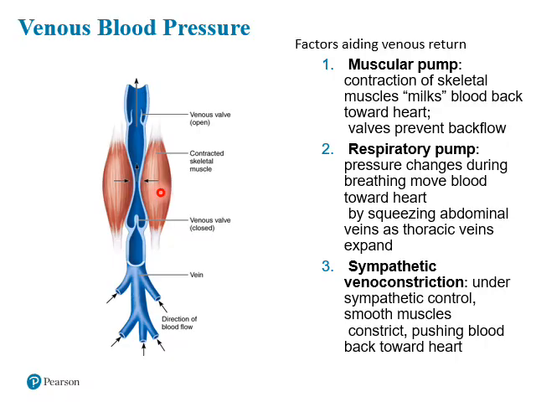It will move the blood back towards the heart by squeezing abdominal veins as thoracic veins expand. Then your sympathetic vasoconstriction, under sympathetic control, the smooth muscles will constrict, pushing the blood back towards the heart. So these are exactly the things that help the blood of the veins to move back to the heart.